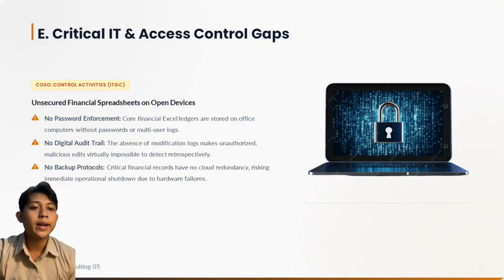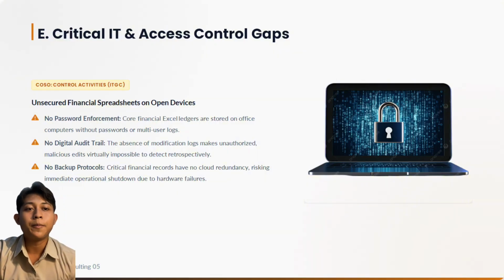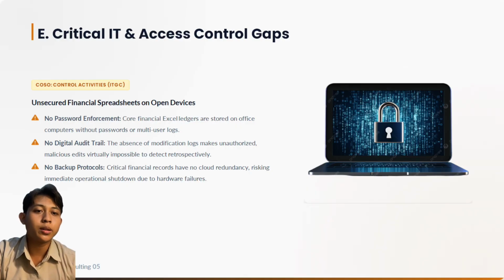Because management has neglected to assess the digital risk, threatening their business data continuity. As a result of this condition, if the computer suddenly experiences a hardware crash, the company will permanently lose all financial data. Financial reports will be chaos and tracking down a manipulator will be impossible because there is no change log to see who last altered the data.